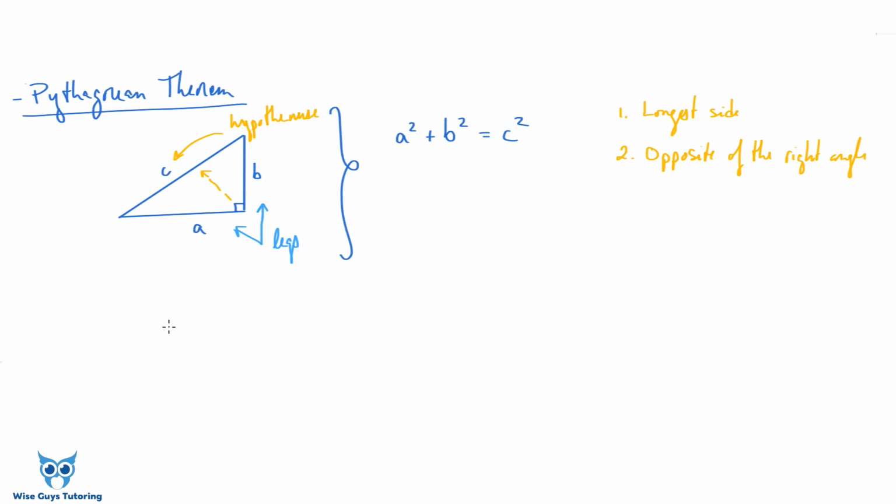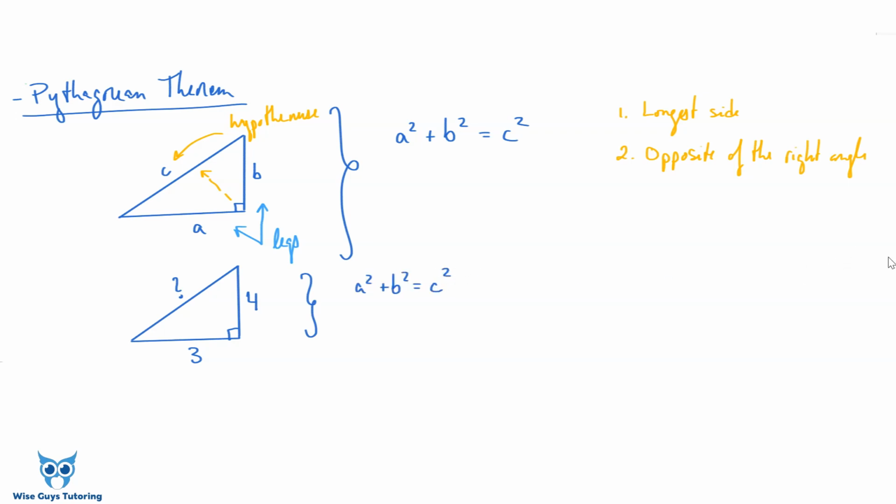So let's take another triangle here. We'll put some values and see if we can calculate. Okay, so let's say again, this is my right angle over here in the corner. Let's say this side is 3 and this side is 4, and I'm wondering what is this side here. According to the formula, a squared plus b squared equals c squared.